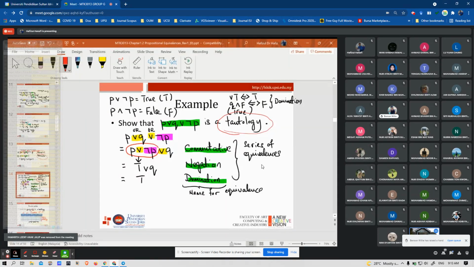Okay, and then we have here P or Q or negate P. This one for the negation P, we call it commutative. And then we negate, we call it negation, and the name of the equivalences, we name it as domination. This one is the series of equivalences.